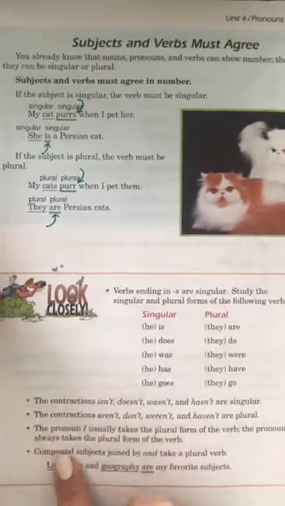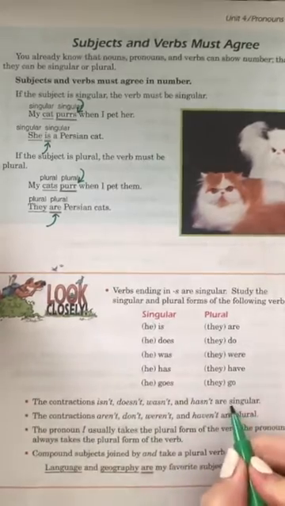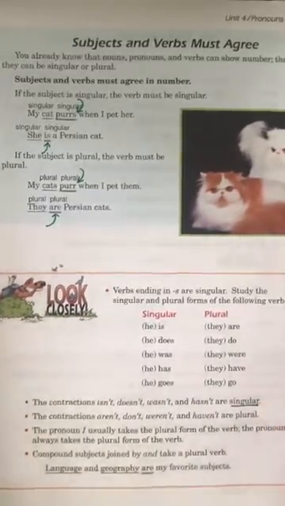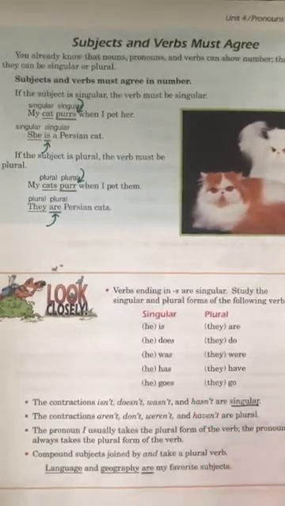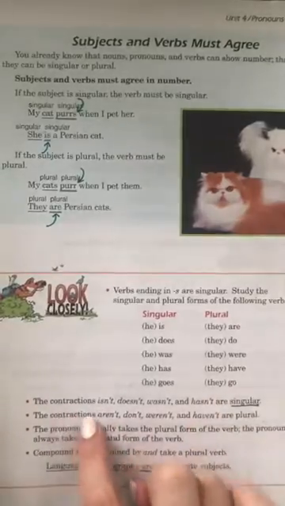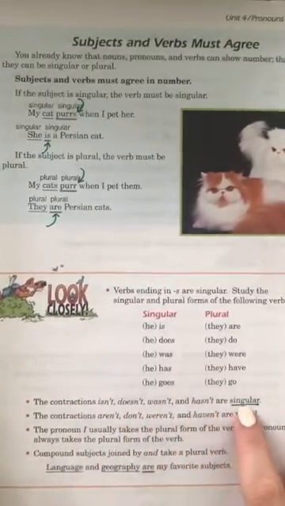Now here for contractions, these are also the same when you're talking about singular. So I'm going to make it a little easier by using also the words he and they, just like they do up here. So contractions isn't, doesn't, wasn't, and hasn't are singular.